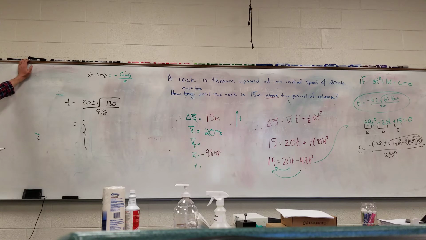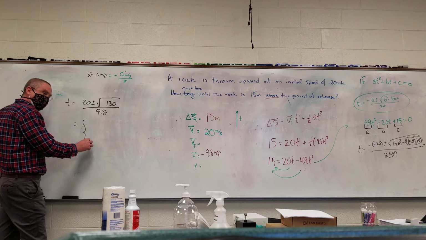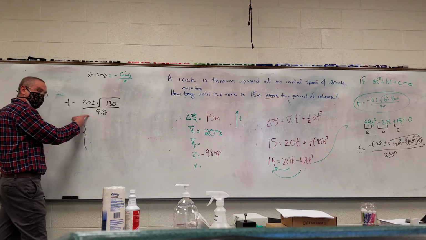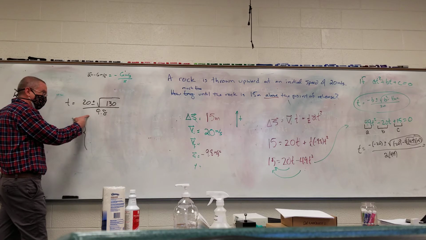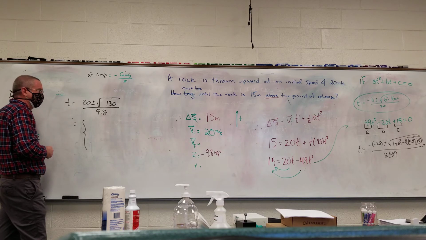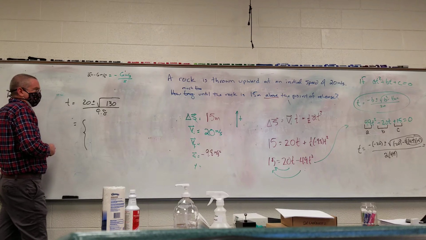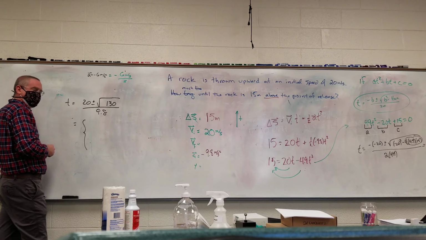For the negative, would it be 18.83? Did you divide by 9.8? Yeah, something got off there. It should be something around 1 second and something around 3 seconds.